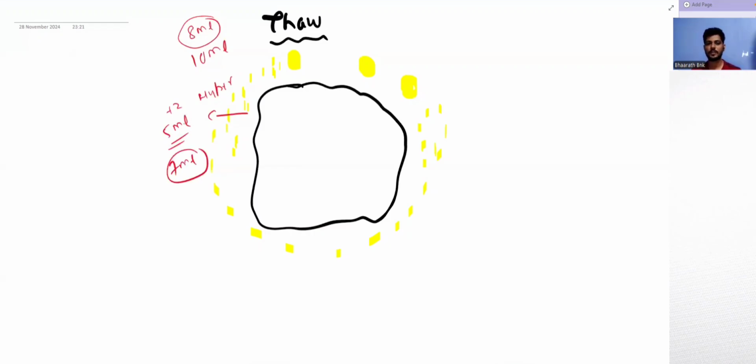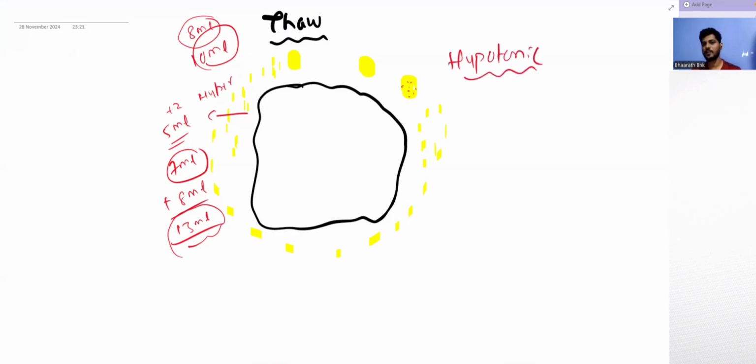Now what happens? Because the extracellular ice crystals dissolve, they warm, and they get converted into a fluid. To this 7 ml, around 8 ml gets converted back, and about 13 ml of fluid will be there. So the initial fluid was 10 ml. Now because of this contribution from the intracellular fluid, the fluid has become 13 ml. So all this ice crystal, when it breaks down into fluid, adds more and more fluid to the extracellular space, and that's why this fluid becomes hypotonic.